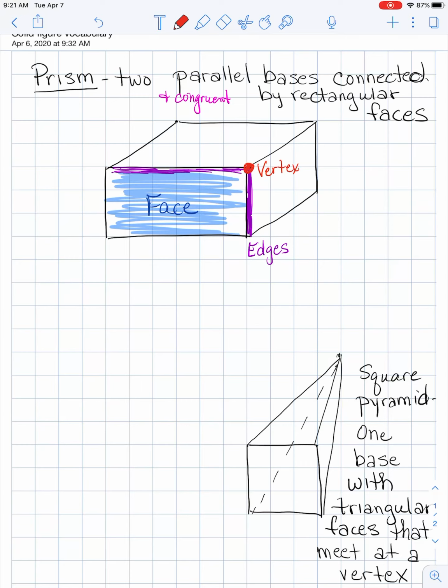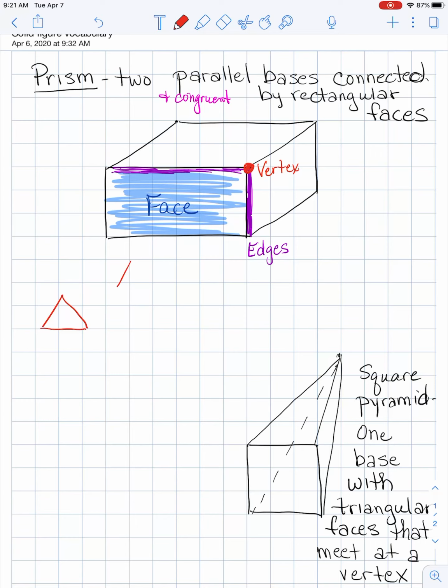Okay, now the whole idea of a prism is a prism has two opposite bases. So in this case, we're going to call the top and the bottom bases, and then all the other faces are always going to be rectangles. So if I had this, see if I can draw it.